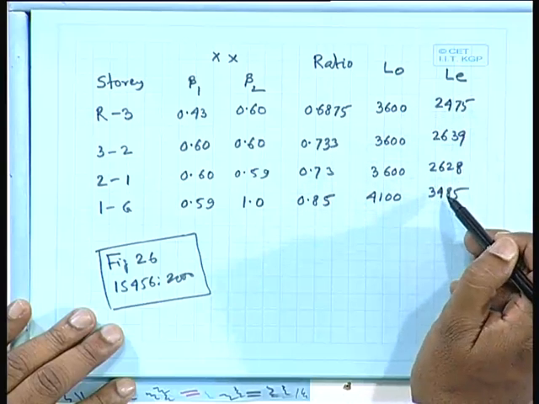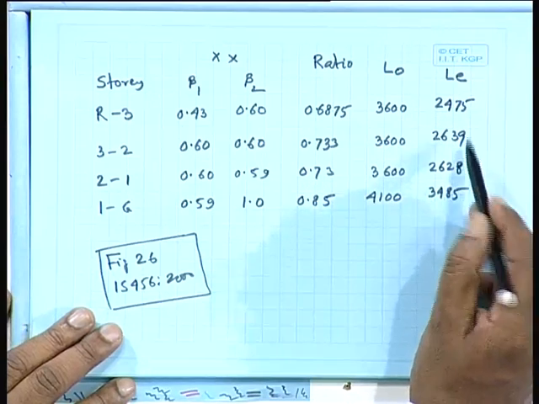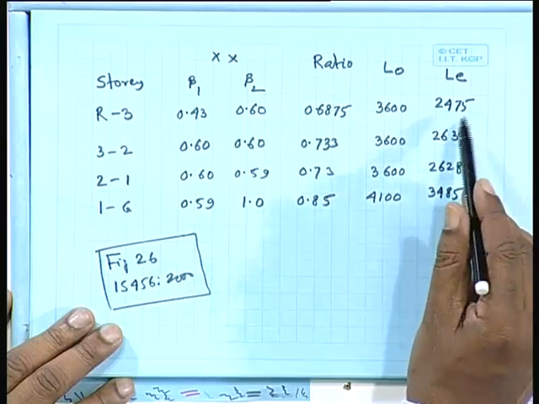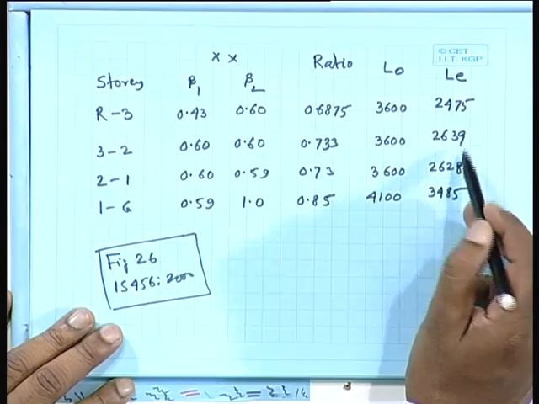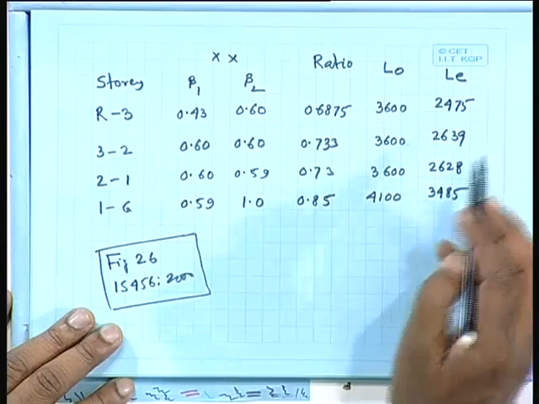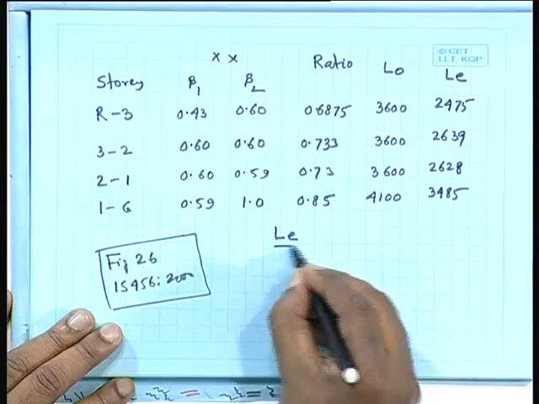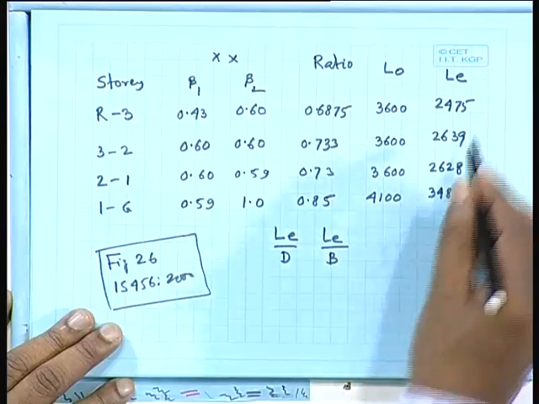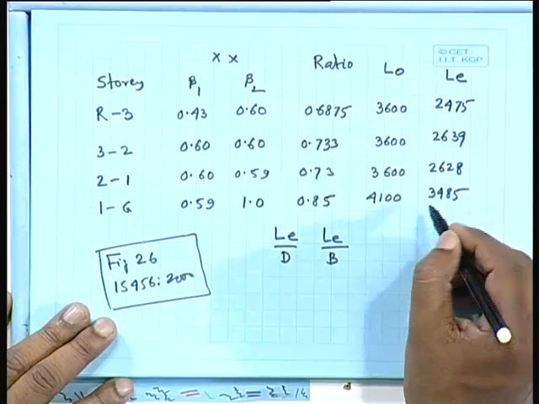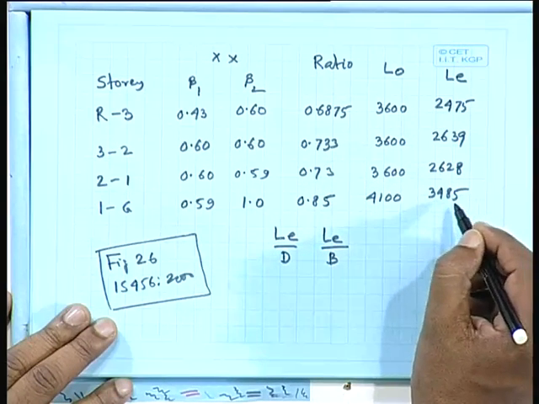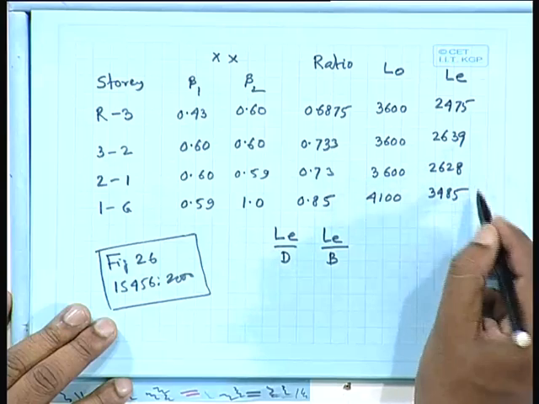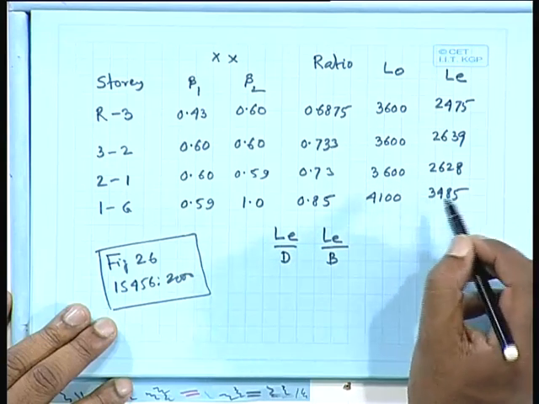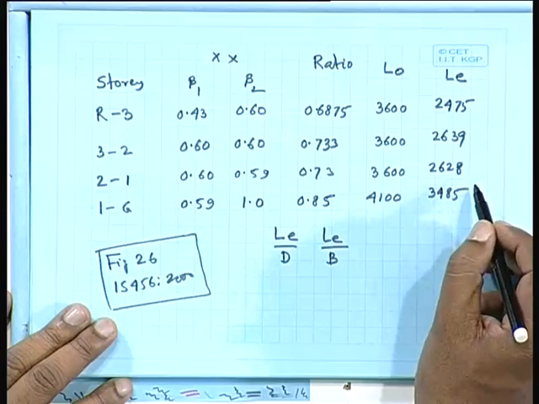this effective length, and divided by the lateral dimension, we can find out that factor, the value L by D or LE by D or LE by B. We can find out whether it is coming less than 12; if it is less than 12, then we have to design it as a short column, and if it is greater, then it will be treated as a long column.